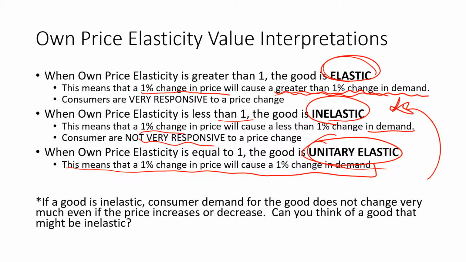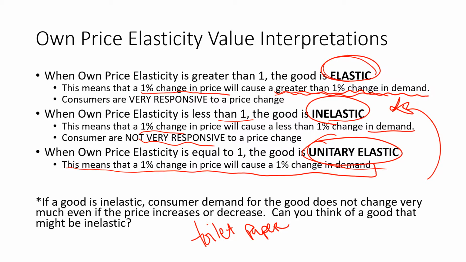Some things that I can think of are toilet paper. It probably doesn't matter if toilet paper is $10 a pack, $2 a pack, or $20 a pack. You're probably going to buy the same amount because you only need a certain amount and you need that amount.